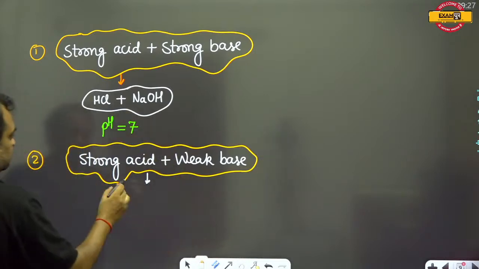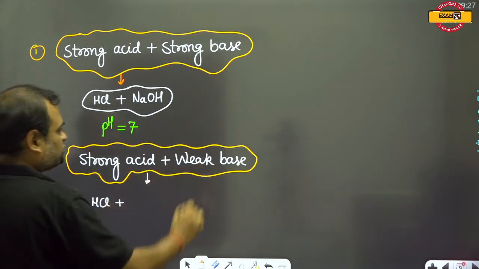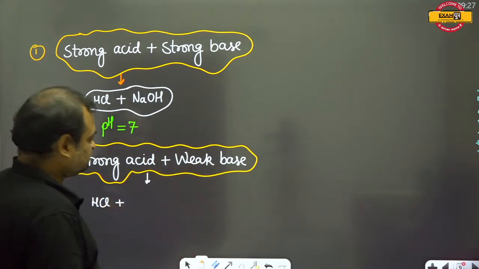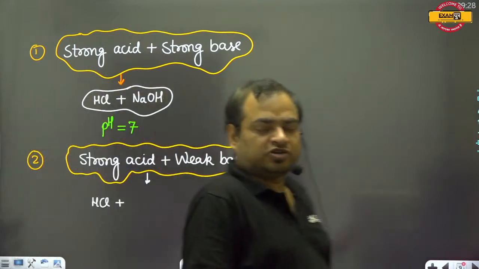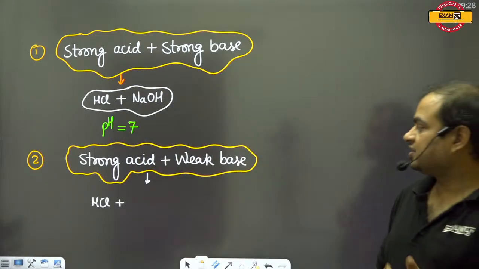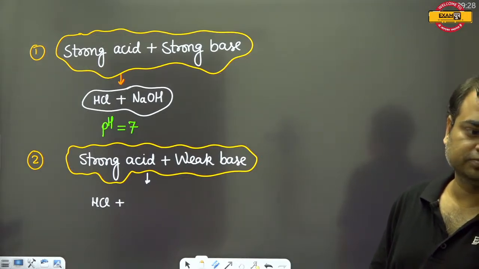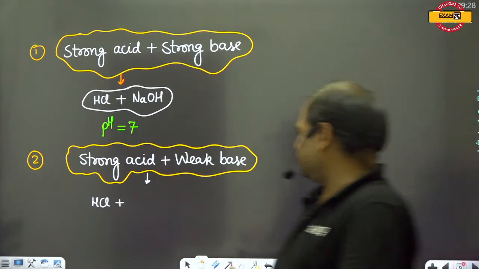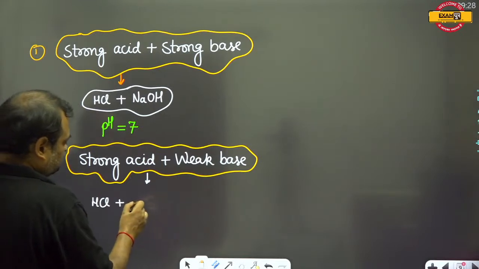Strong acid means just like hydrochloric acid. If we talk about the weak base, there are many kinds of weak base. Sodium hydroxide, calcium hydroxide, these are strong bases. Any weak base you can take.